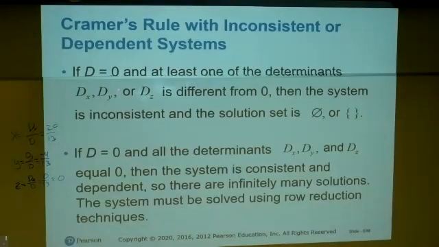So if the determinant of the coefficients is 0, and one of the others, the dx, dy, or dz, is not 0, then you have an inconsistent system and you have no solutions.